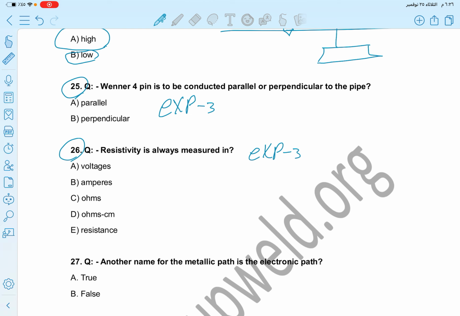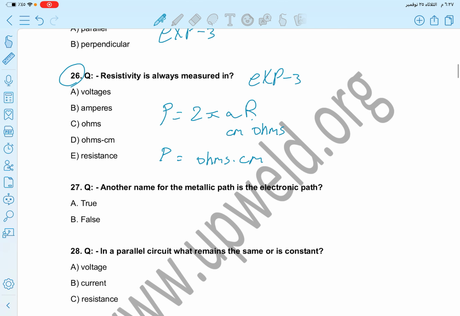The resistivity equals 2π a R, where a is in centimeter and R is in ohms. So the resistivity will be ohm centimeter.